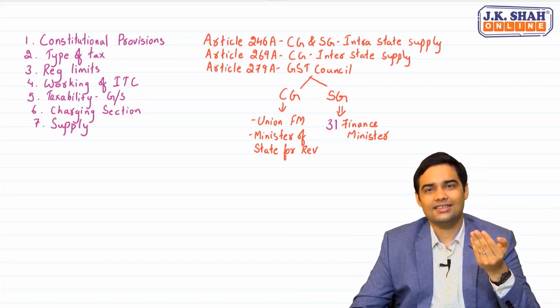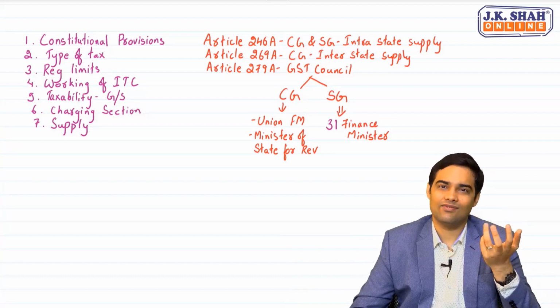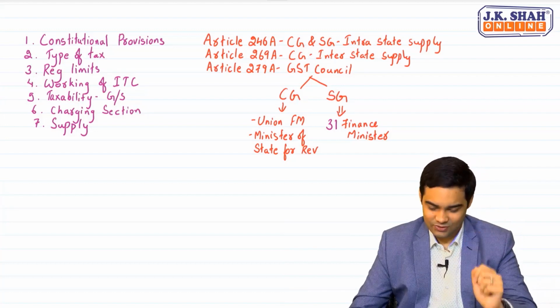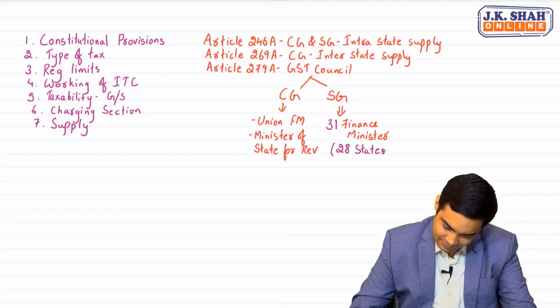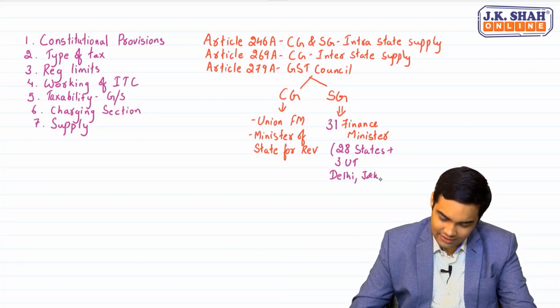With legislature meaning there would be elections happening in these 3 states. There would be an elected chief minister. There would be a finance minister in these union territories. So how do we get 31? 28 states plus 3 union territories, which is Delhi, Jammu and Kashmir and Pondicherry.